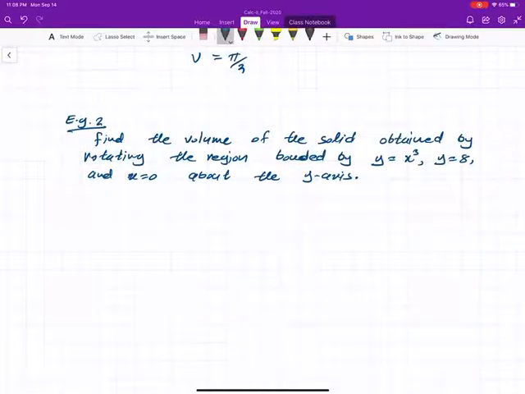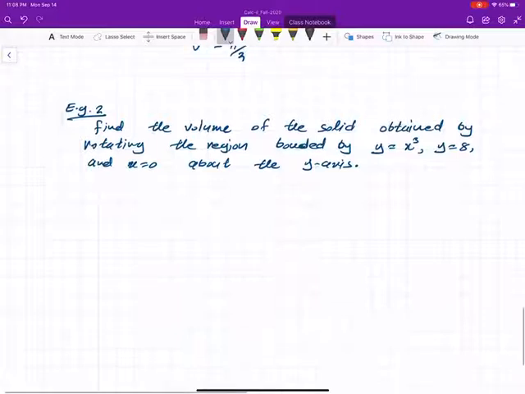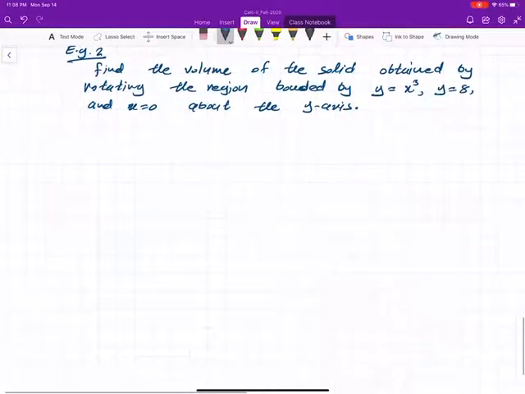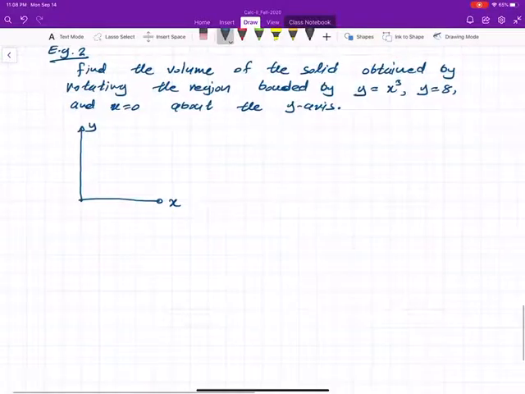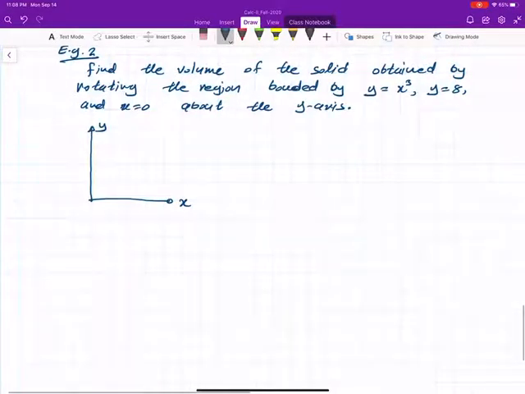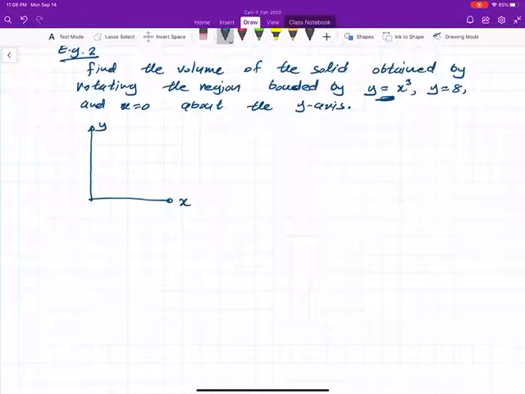Alright, let me draw the shape of this case. Now this is y, that is x. The first function is y equals x to the power 3. So the shape should be like that. Then next is y equals 8.